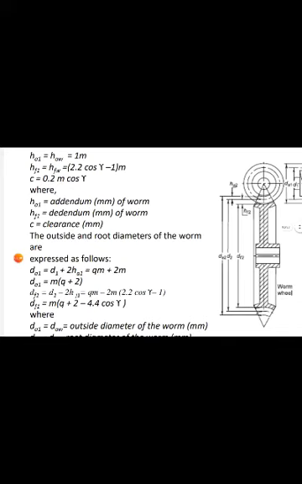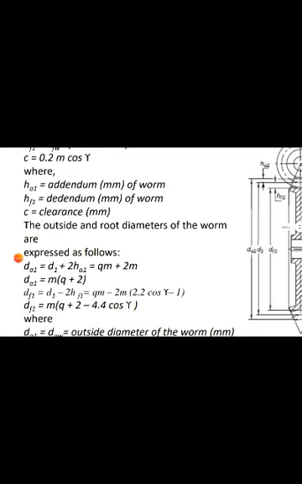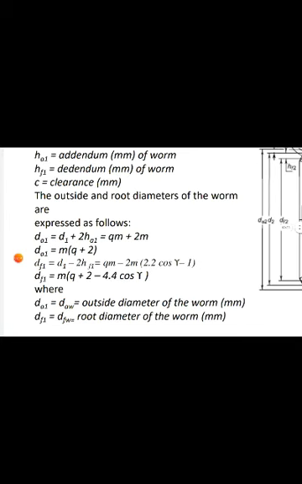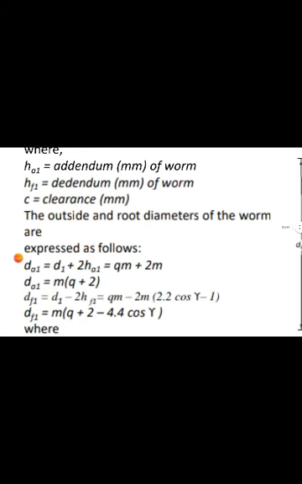Now the outside and root diameters of the worm are given. These diameters are indicated by D. DA1 stands for addendum diameter, DF1 stands for dedendum diameter or root diameter of the worm. Addendum diameter is given by pitch circle diameter plus twice of addendum.